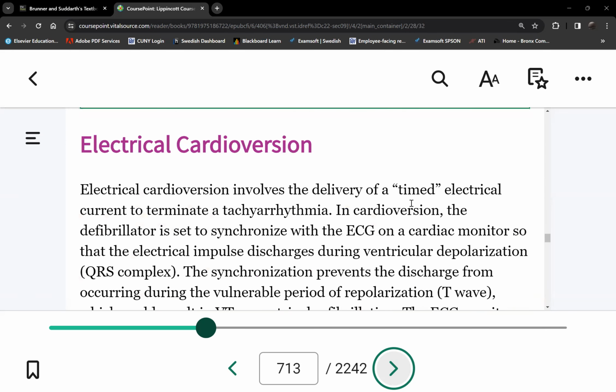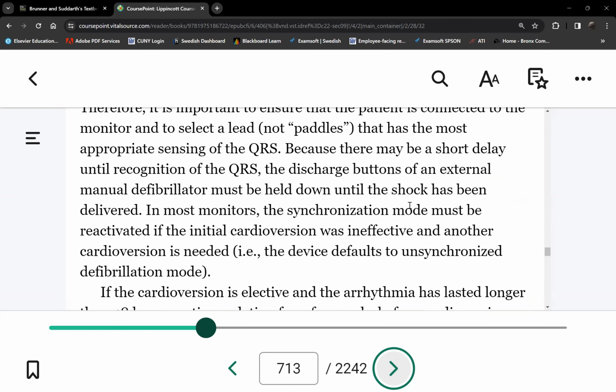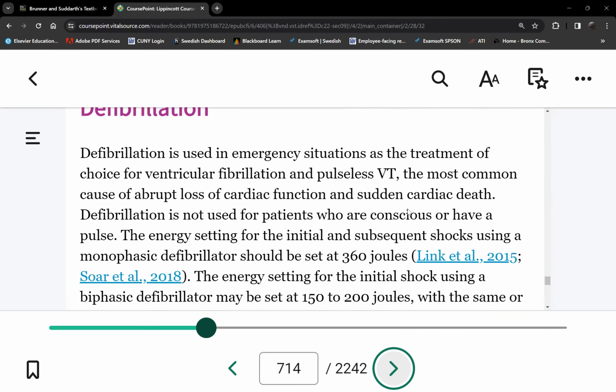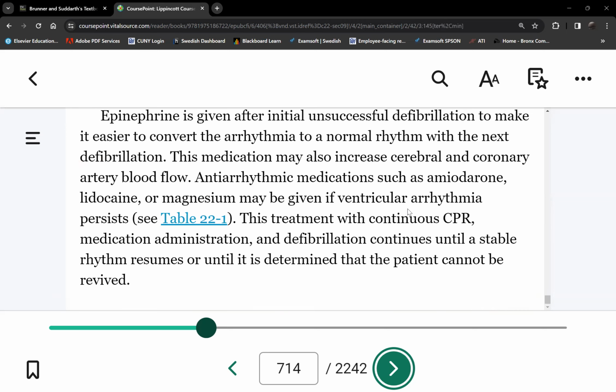Until the machine directs you to stop, chest compressions must continue. Are we clear with defibrillation? Which one requires sedation? Cardioversion.